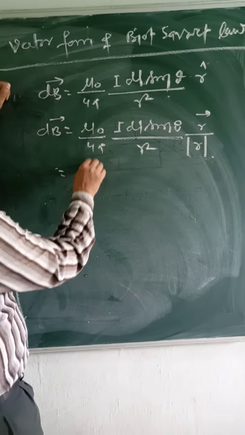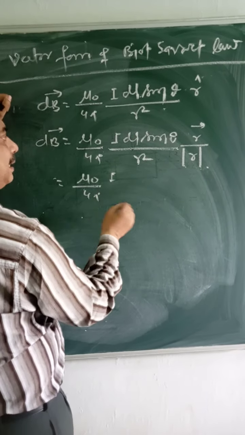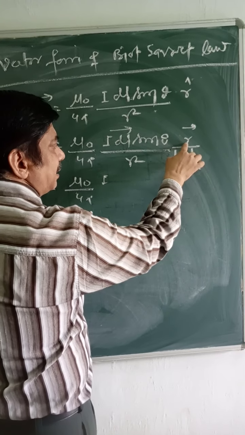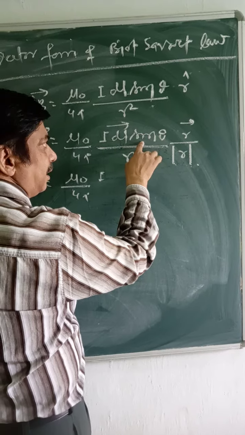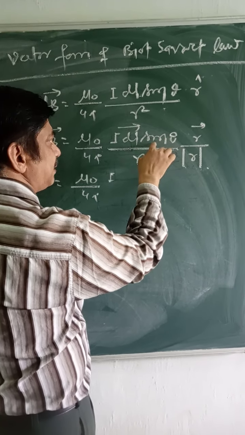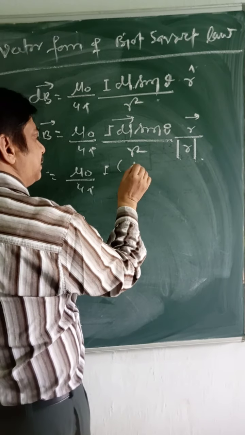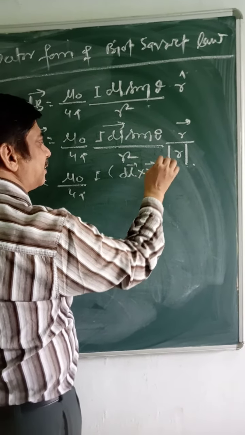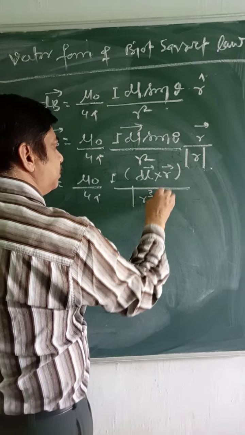Here, mu 0 upon 4 pi I, and now you can say this is a vector and this is a vector. So vector A, vector B, sine theta over mod of A, mod of B, sine theta. What should I write here? dl cross r divided by r cube.